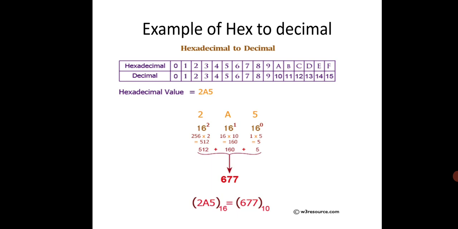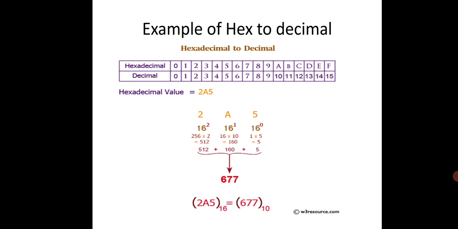So 1 into 5 is 5. 16 into 10, A means 10, so 16 into 10 is 160. The next value is 2, that means 16 raised to 2.